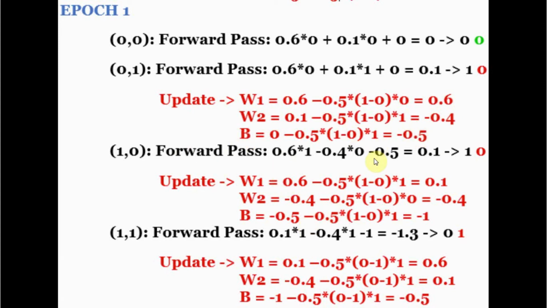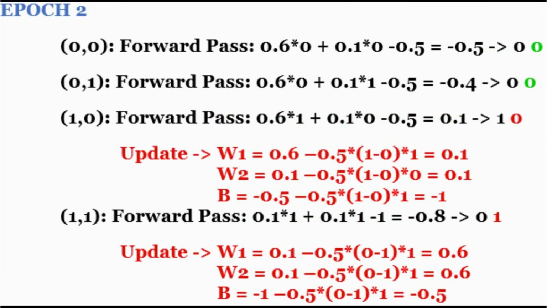We keep doing that. Here we see that 3 out of 4 we classify wrongly, which might look worse, but I assure you that we are descending through the space with lesser loss. Okay, let's go ahead. We have epoch 2.